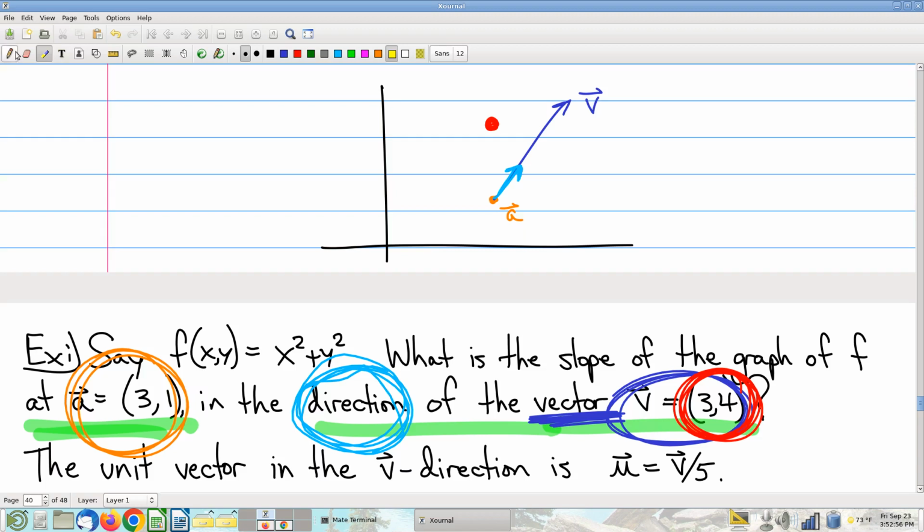In which case, the student would misinterpret that they should go that way, the unit vector for which would be, I think I'm out of colors. Well, there we go, use black. Be like that. So, of course, that's the wrong direction, because we shouldn't be heading toward the point 3, 4.